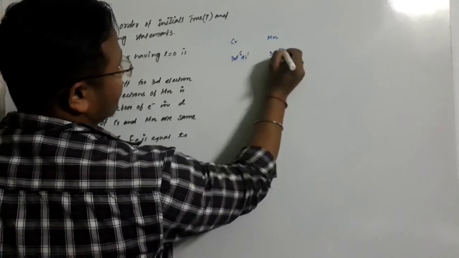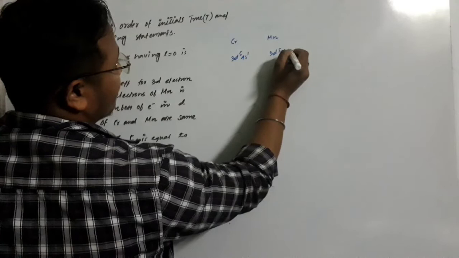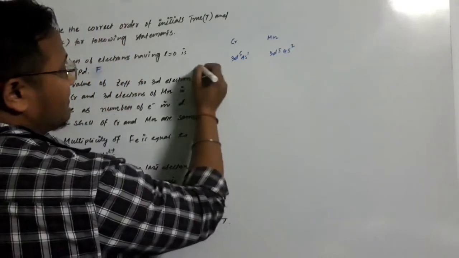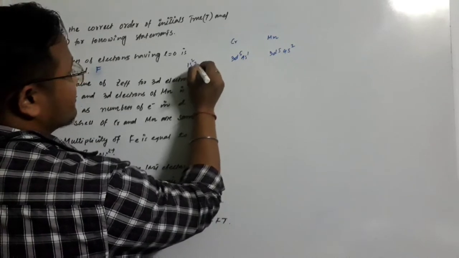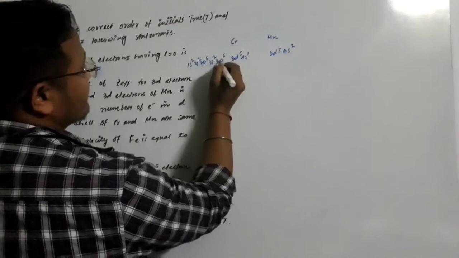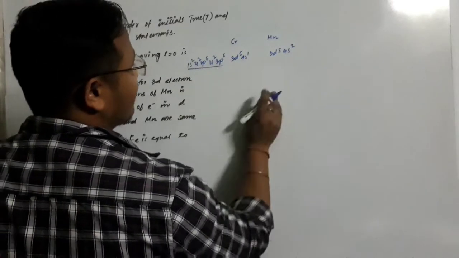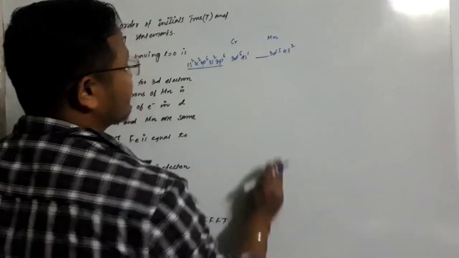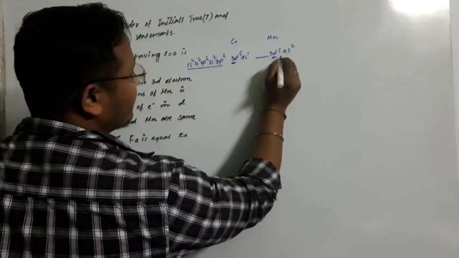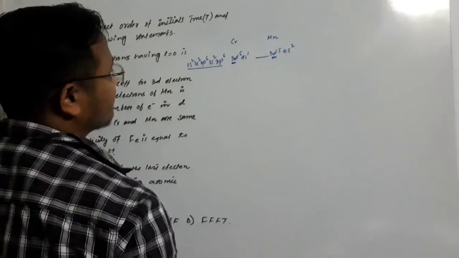Here it will be 4s1, and here 3d5, 4s1 and 3d5, 4s2. Whatever the rest of the electrons, 1s2, 2s2, 2p6, 3s2, 3p6, it will be the same in both cases, right? Now it is asking for the 3d electron, so 1 electron we will consider.